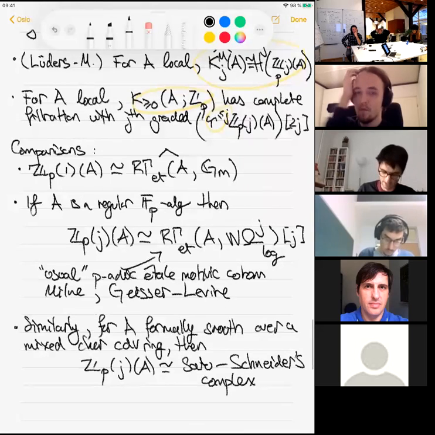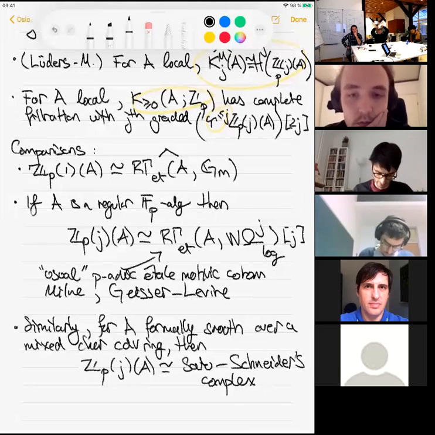So again, in this case, it also reduces, like in the characteristic p case, to the p-adic completion of Bloch's cycle complex, which was extensively studied by Levine as a candidate for the motivic cohomology in this context.